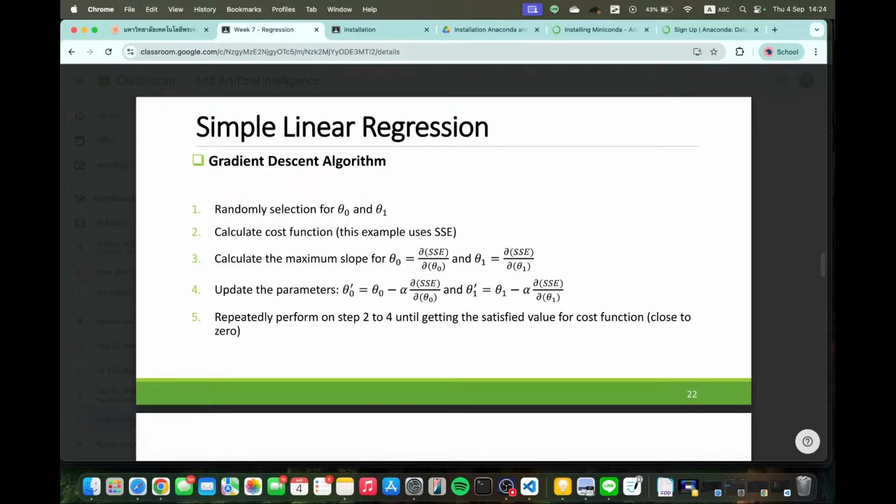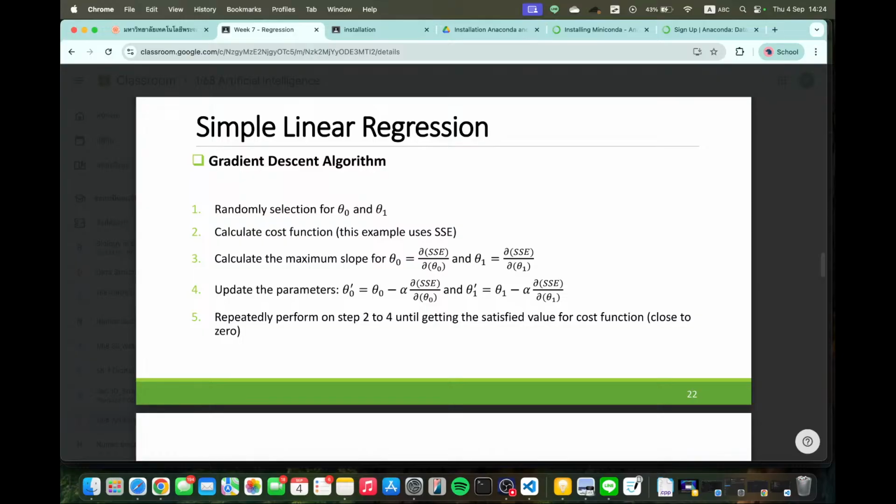The value of error should decrease when you adjust the parameters here, because the gradient descent algorithm tries to minimize the error in each round by adjusting theta 0 and theta 1. So this is the one homework.